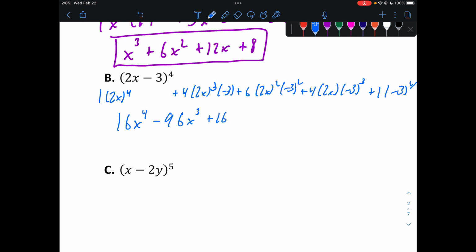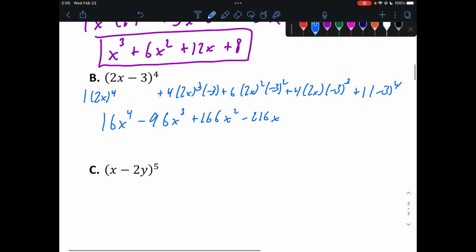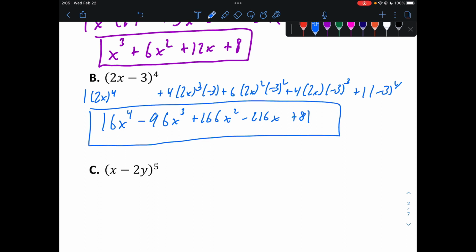So it'd be 216x squared. 4 times 2 times 27. So 27 times 4 would be 108, times 2 is 216, so minus 216x. And then 3 to the fourth would be 81, so it would be plus 81. And that would be our expanded binomial.